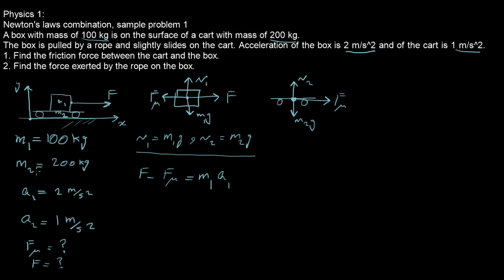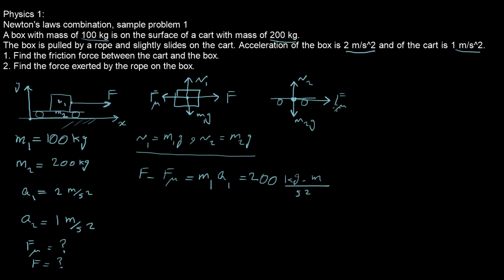So A1 is given here, M1 is given there. So let's do it. 2 times 100, 200 kilogram meters per second square. This is just 200 Newton.